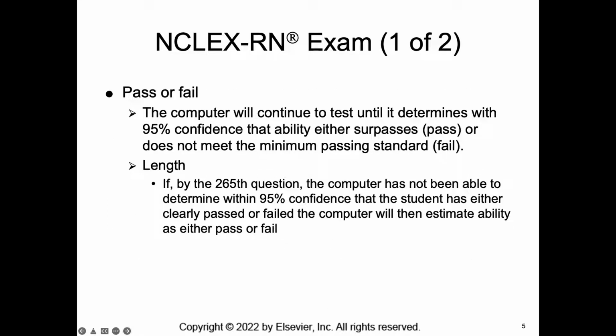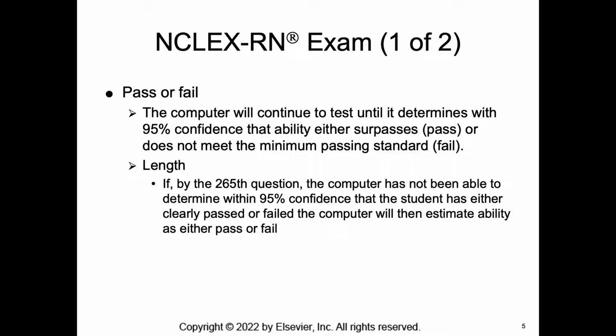So pass or fail, right? Let's get down to the important stuff. So the computer will continue to test until it determines with 95% of the confidence that ability either surpasses, so pass, or does not meet the minimum passing standard, fail. So the length of the NCLEX that you guys will be taking in 2023 will have 145 questions, and you will be given 5 hours to take it.